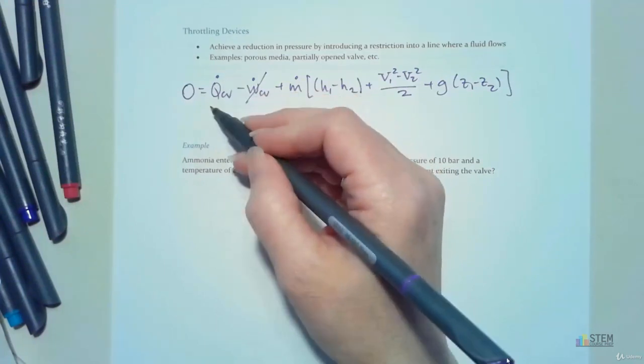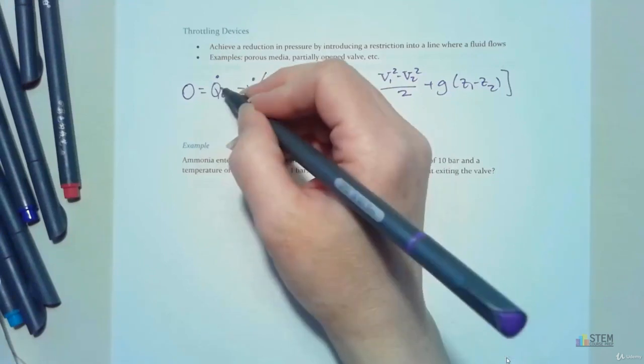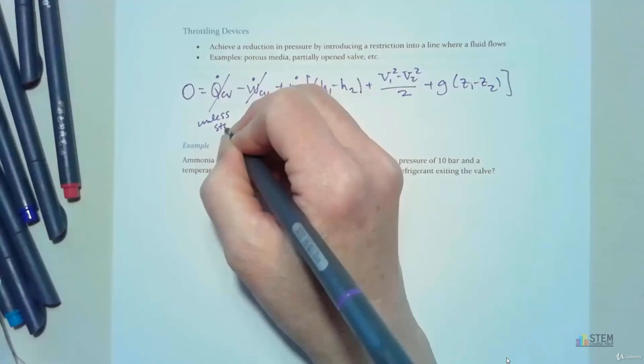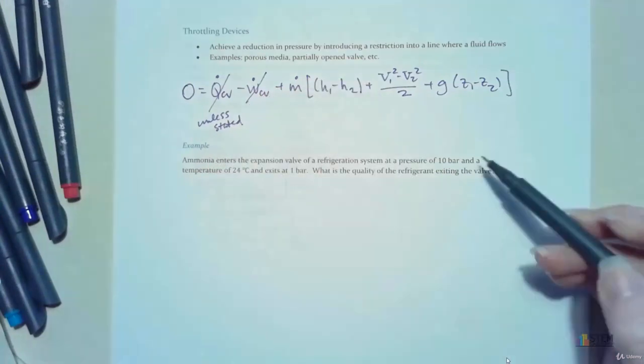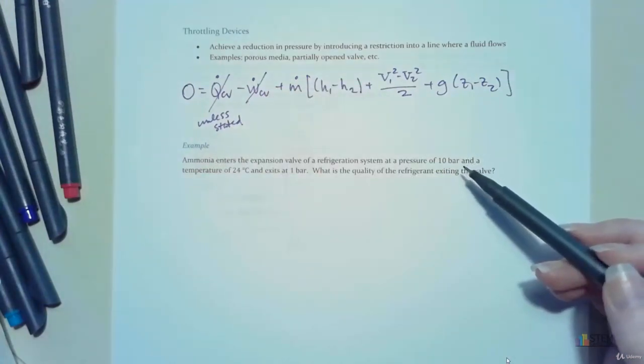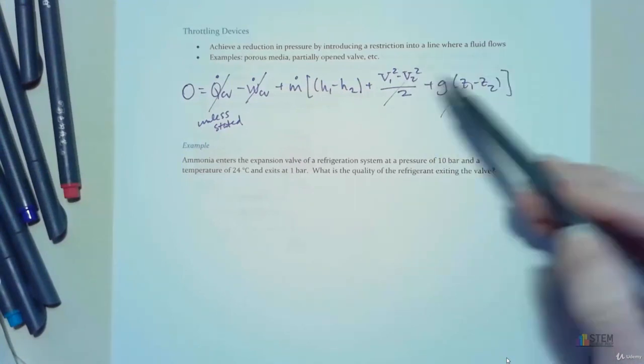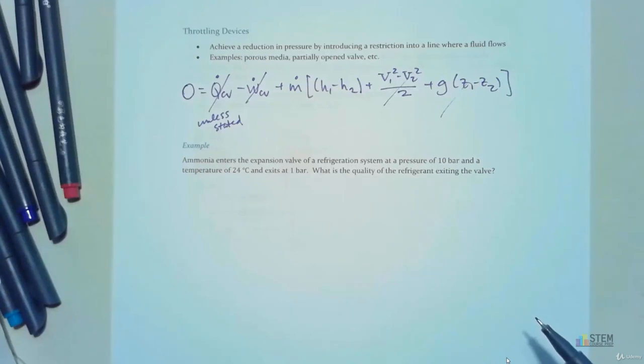So we'll put unless stated. Sometimes you'll have it, but sometimes not. And these two, you can mark through those. Unless it's stated, you can just get rid of those.